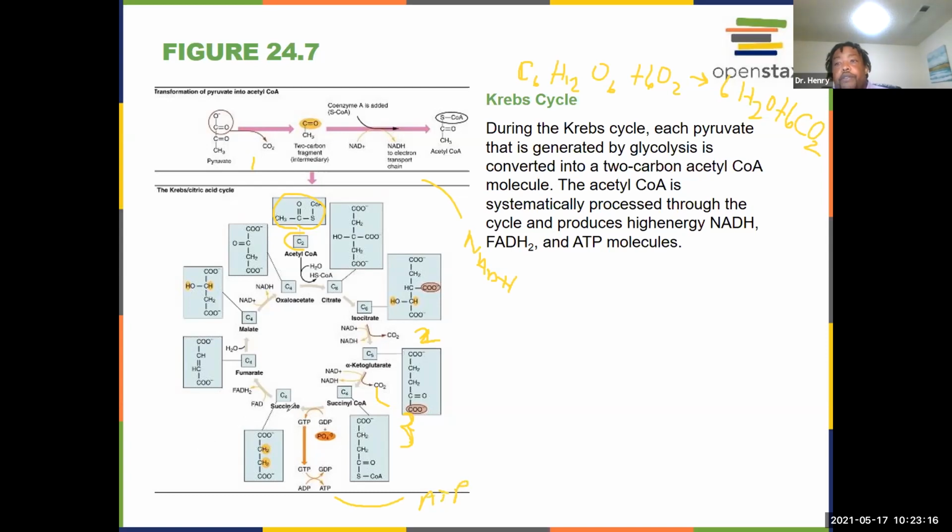Okay, so then we go through the cycle. In this process, we just get rid of that CoA component, so we just get succinate. And then we produce a high energy molecule, FADH2. And then this guy, we also had a high energy molecule here and here.